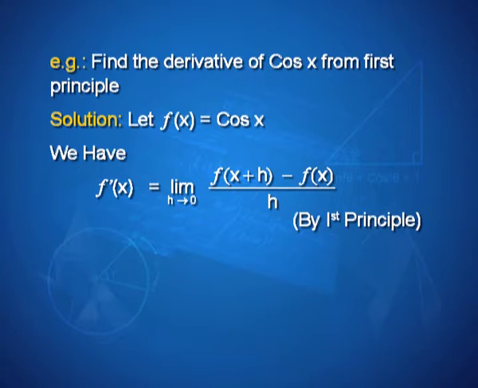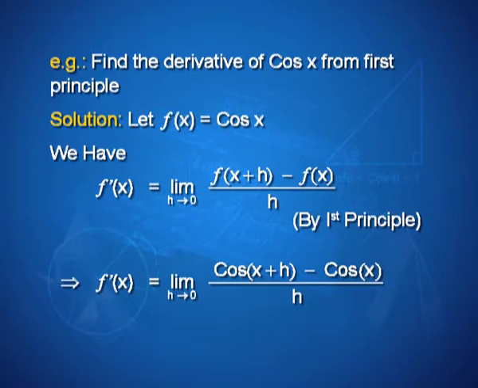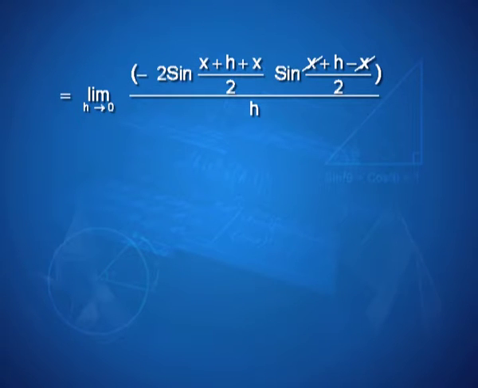By first principle, that implies f dash x is equal to limit cos of x plus h minus cos x divided by h as h tends to 0, can be written as limit minus 2 sin x plus x plus h upon 2 into sin x plus h minus x upon 2 divided by h as h tends to 0.